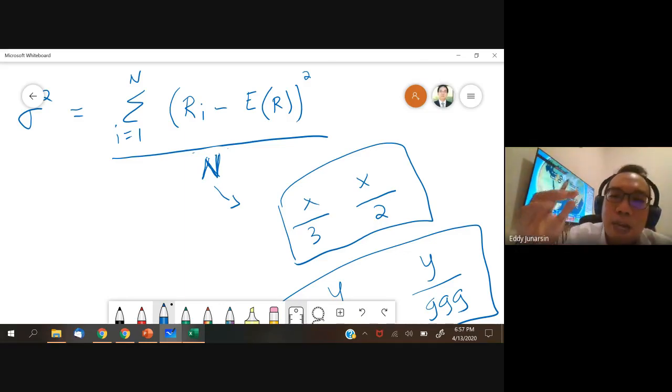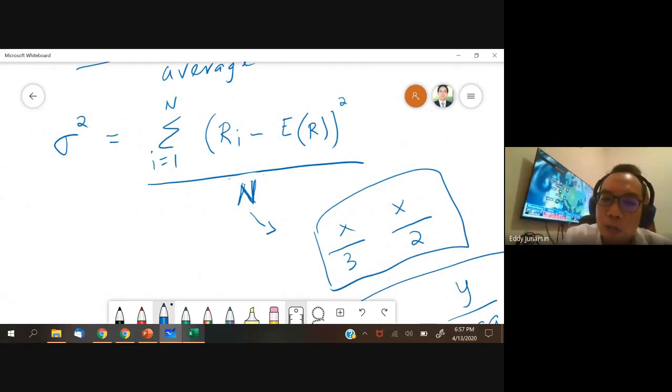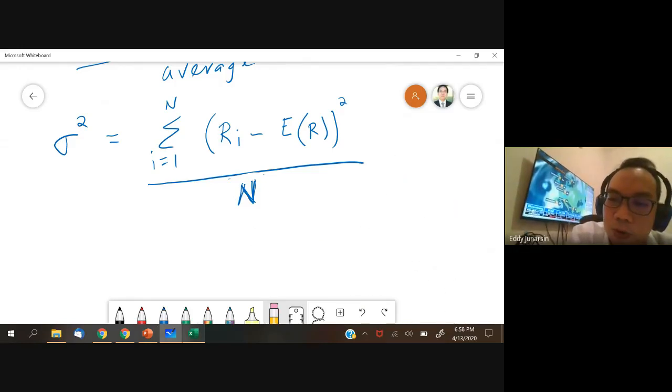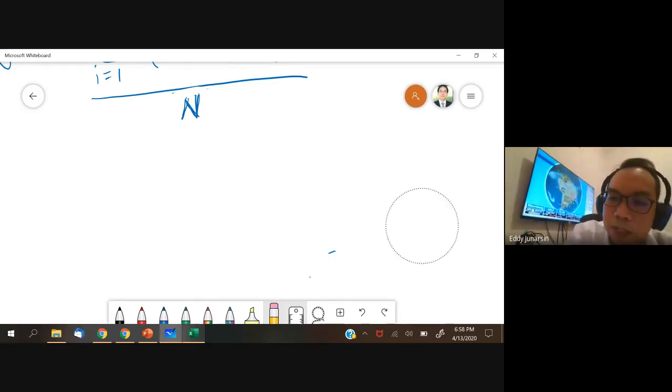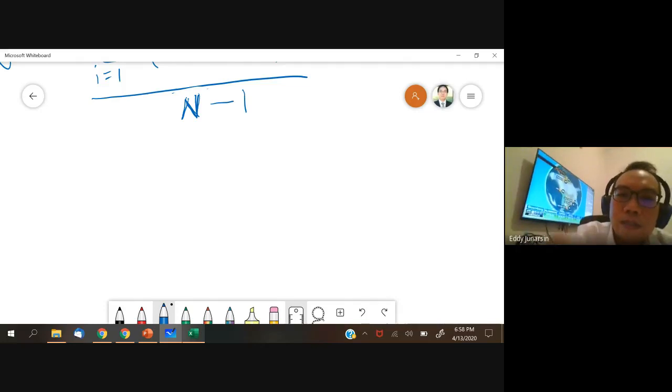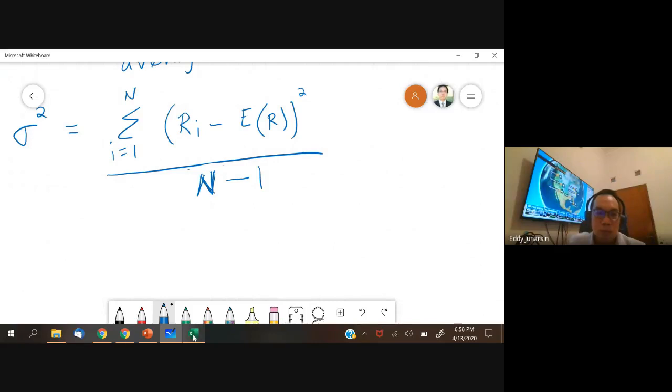So if the n increases into a higher and higher number, then the measure of the variance using this method will be closer to the unbiased and best scenario. However, if the n is not that big, of course we have to use the more appropriate denominator, and the more appropriate denominator is n minus 1. This is unbiased and best.